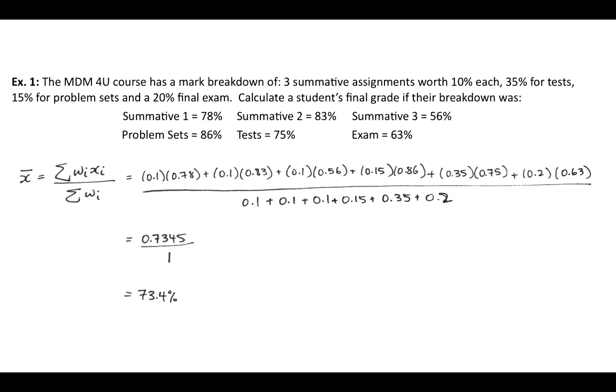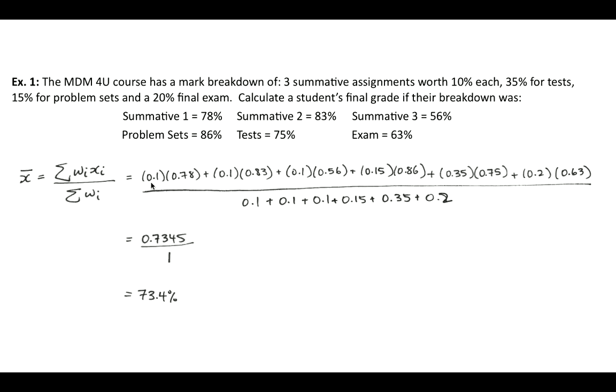I'd like to point out that what we did is we took the percentages and converted them to decimals in every case, and we didn't have to do that. What's neat is if you had imagined it as a score, so 78, 83 instead of 78%, 83%, then all your X values would just be 78, 83, 56, 86, 75, and 63.